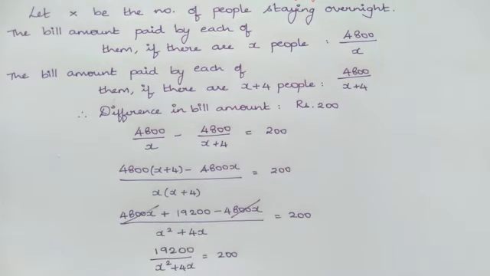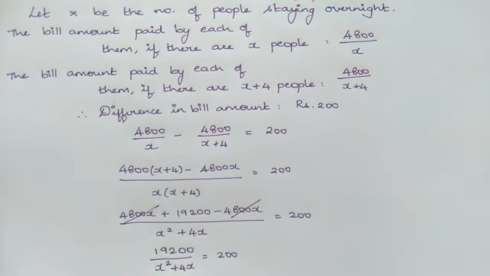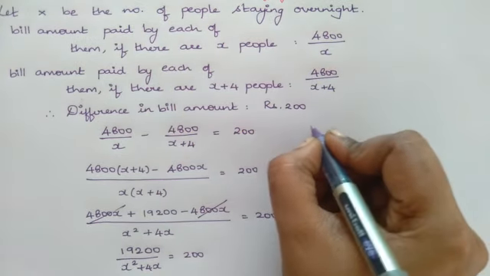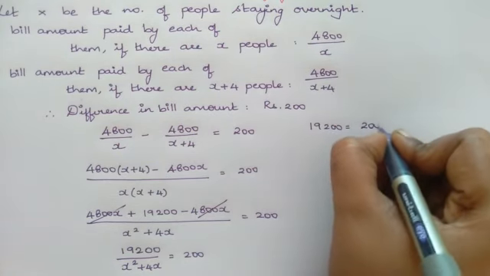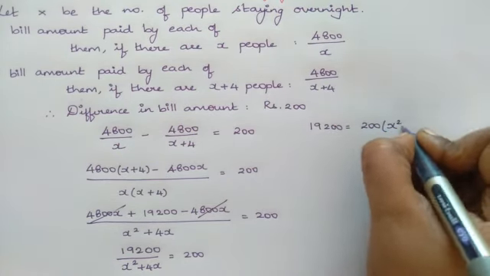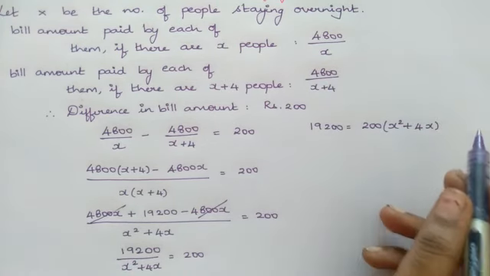In the next step, let's take this x square plus 4x to the other side. It goes as multiplication. So this will become 19,200 equal to 200 into x square plus 4x. Now let's take 200 and multiply it inside.